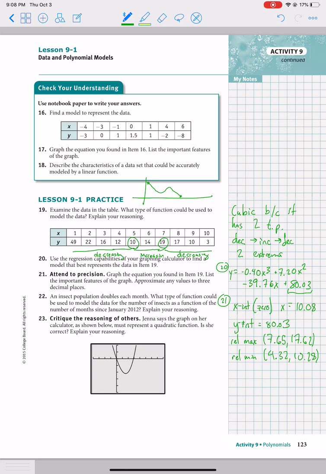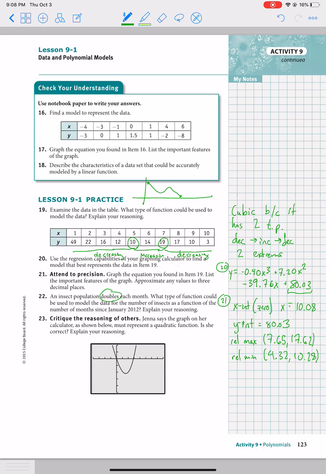Number 22, it's telling us here's a story. Try to figure out what's going on here. So an insect population doubles each month. So doubles is a very mathematical word, right? What type of function could be used to model the data for the number of insects as a function of the number of months since January 2012? Explain your reasoning.